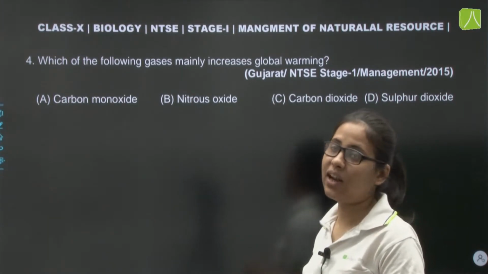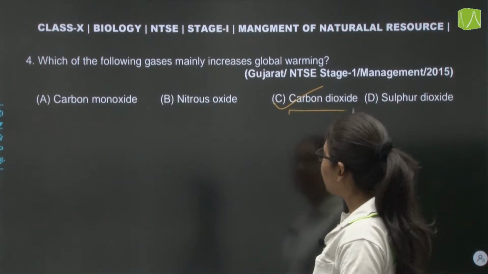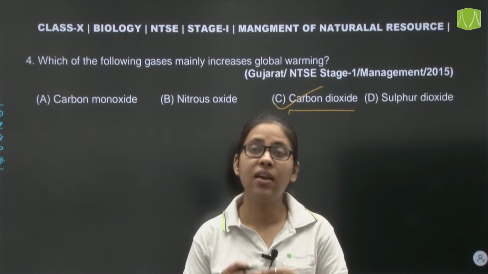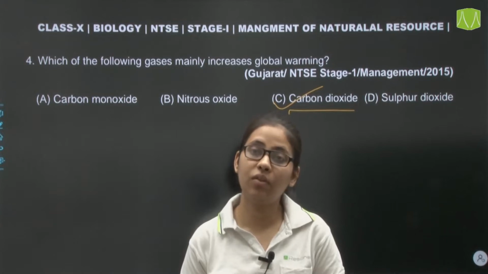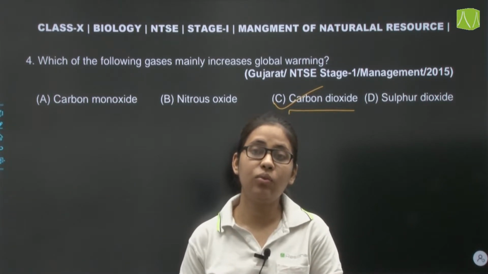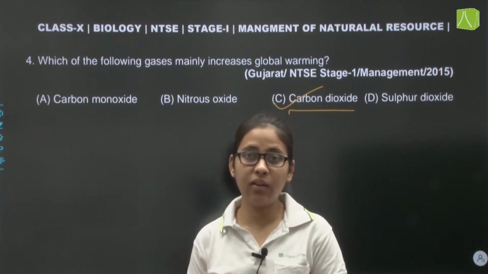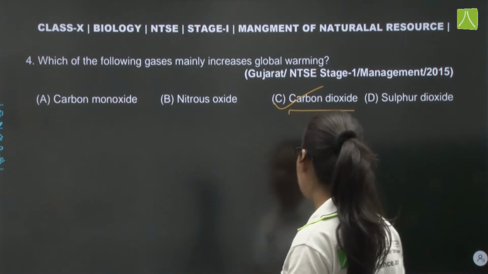The correct greenhouse gas is the carbon dioxide, that is CO2. CO2 is the major greenhouse gas. It entraps the solar energy and hence increases the temperature of the atmosphere, which results into the occurrence of global warming. So behind the global warming, the gas which is responsible is CO2. So correct option is C.